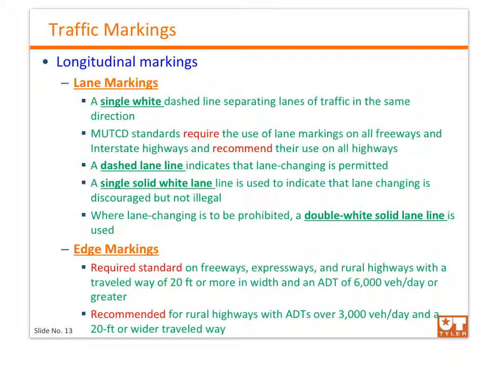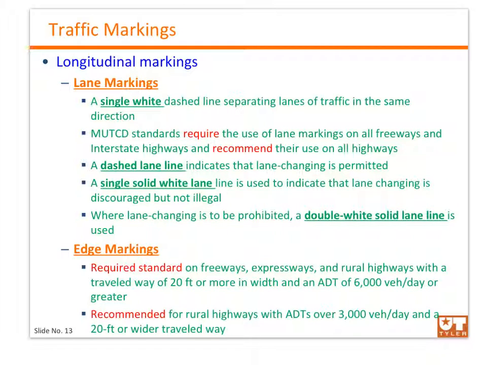I hope now you appreciate the difference between required versus recommended. So MUTCD requires the use of lane marking on all freeways and interstate highways, and recommends their use on all highways. So it's a must for freeways and interstates, while it's recommended for other highway systems.